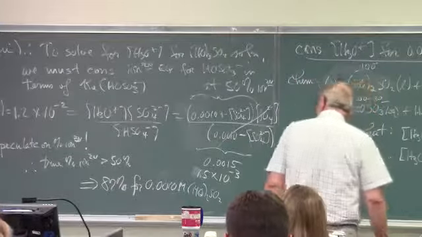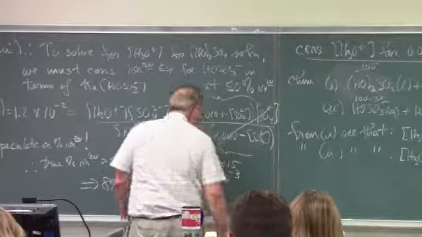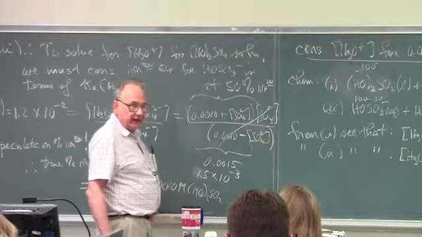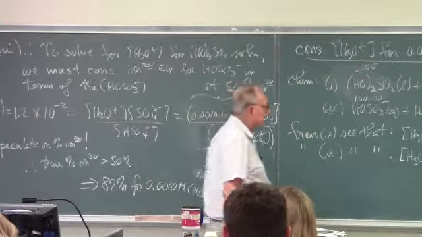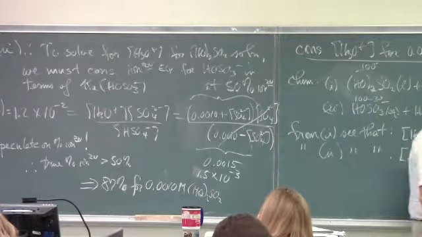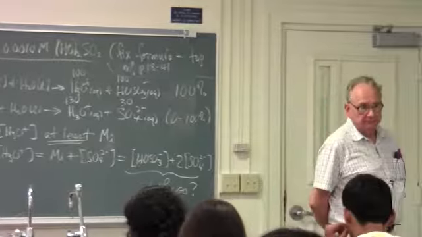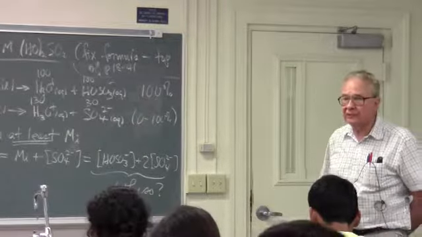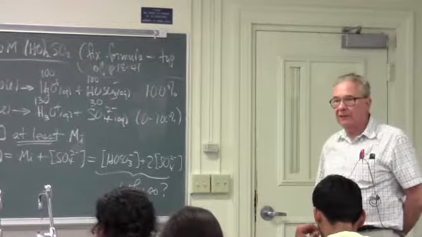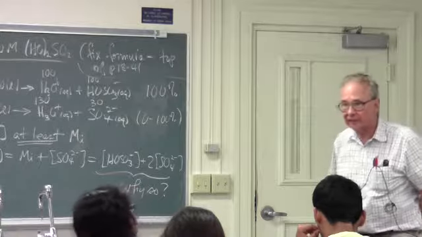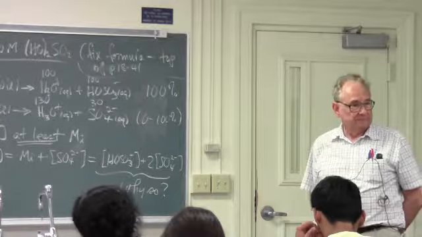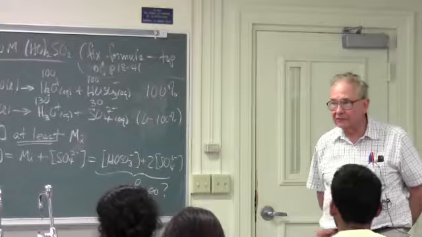1848 is a question which I wrote so that you can recognize how a sulfuric acid solution talks to you as a consequence of large versus small M sub I. Large M sub I is concentrated sulfuric acid solution.